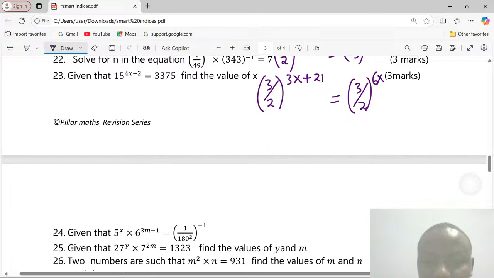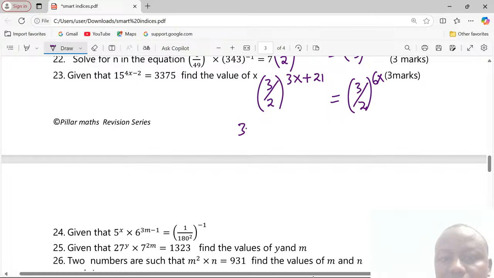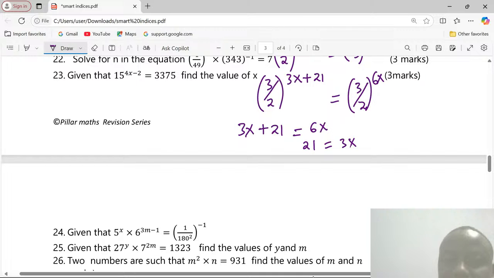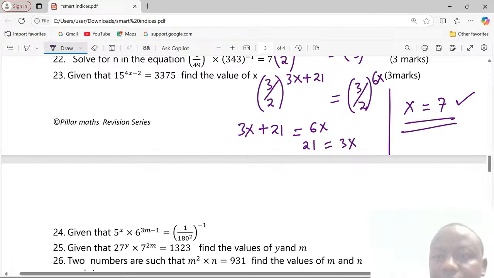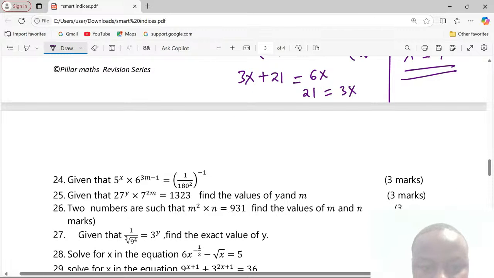At this point, let me equate the powers. 3x plus 21 equals 6x. To remain with 21, we have 3x. So the value of x becomes exactly 7. Divide by 3, both sides, you get 7.